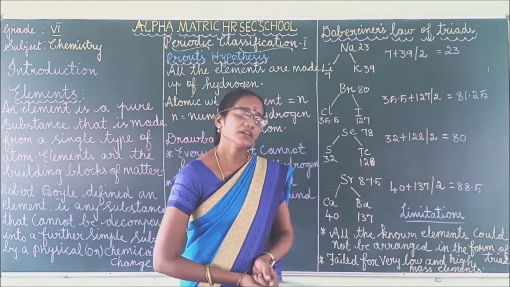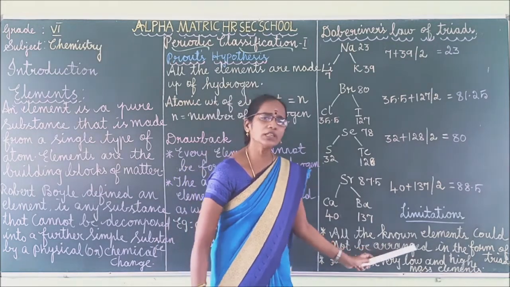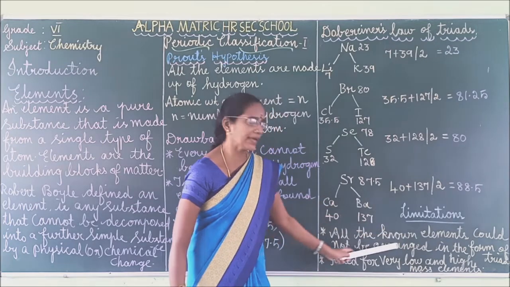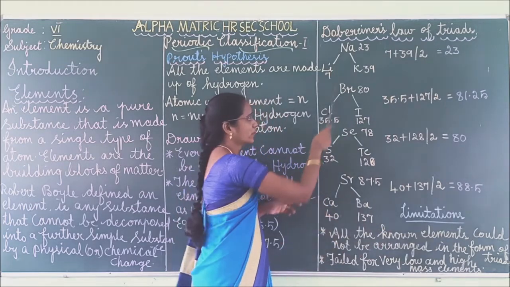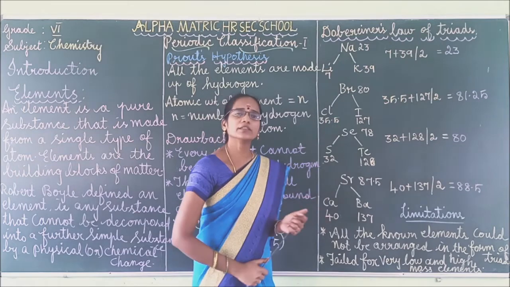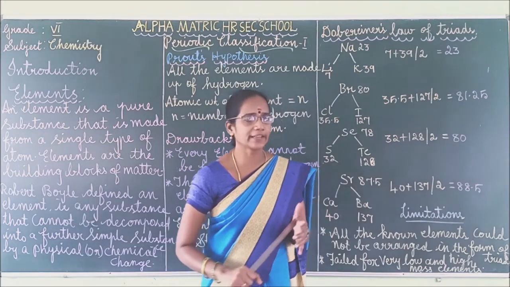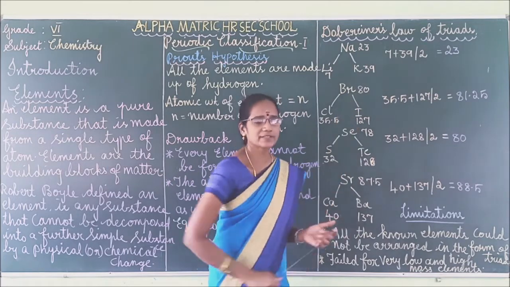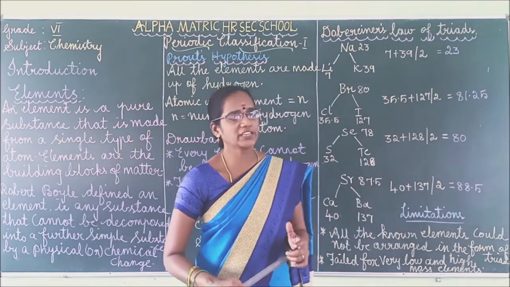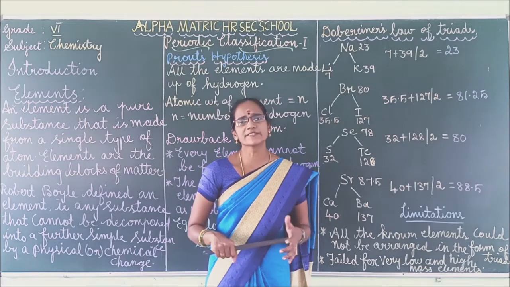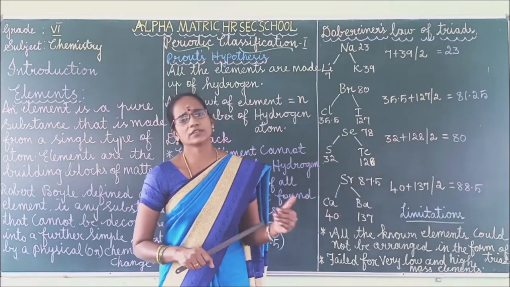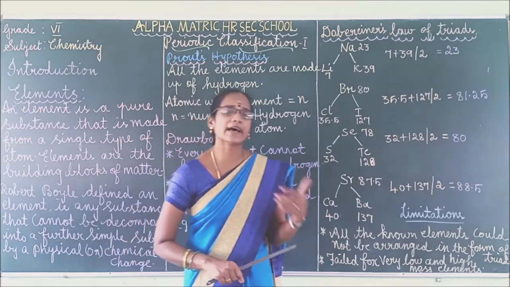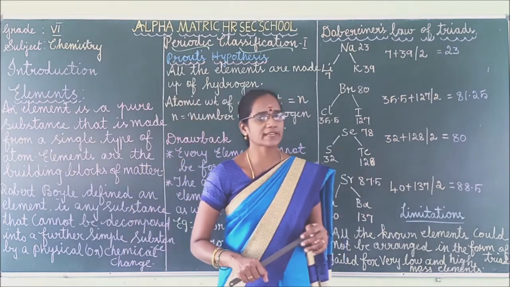What are they? The first one is that all the known elements at a time could not be arranged in the form of triads. So this is one of the limitations. Another one is that this law is not helpful for very low mass elements as well as for very high mass elements.